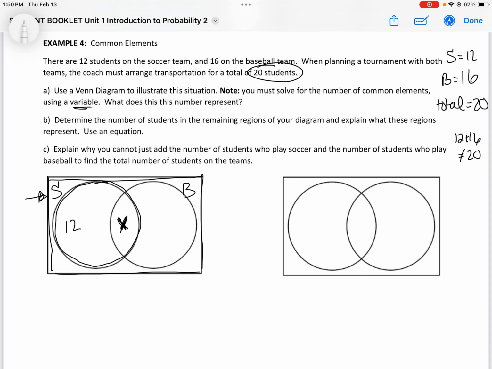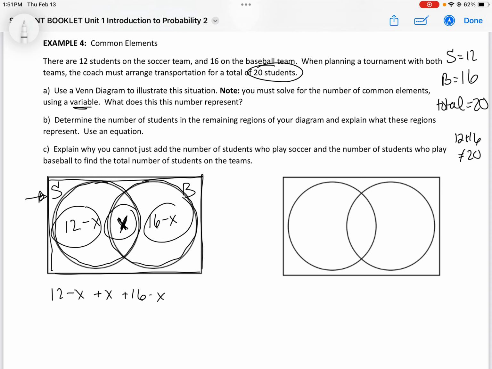So for this 12, it's going to be 12 minus x. And now for this B, we already took into account x, so the baseball players is going to be 16 minus x. So the thing is, 12 minus x plus 16 minus x, adding all three of these numbers, is going to add to 20.